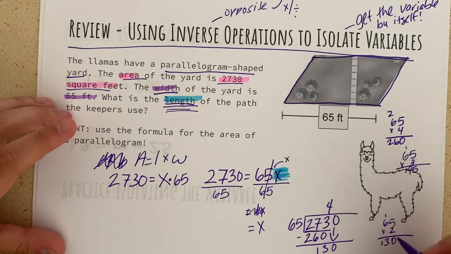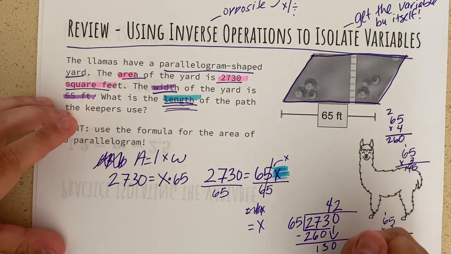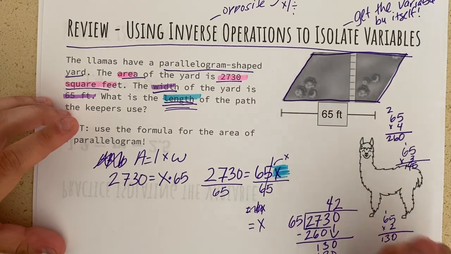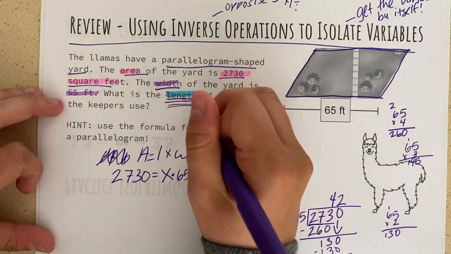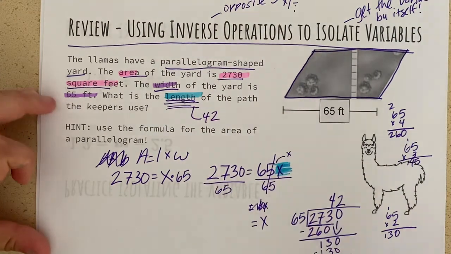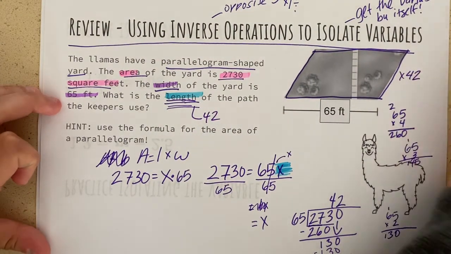Oh, nice. So 65 goes into 132 two times. That gives me 130, subtract, 0. So 42. That means that the length, this x right here, is 42.